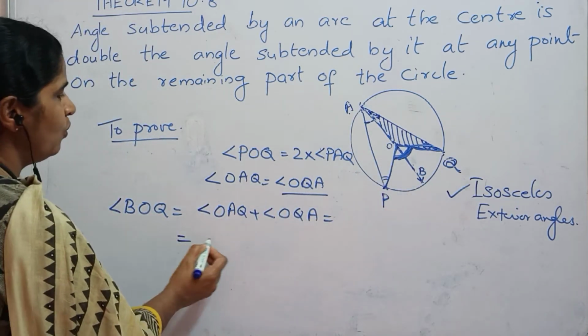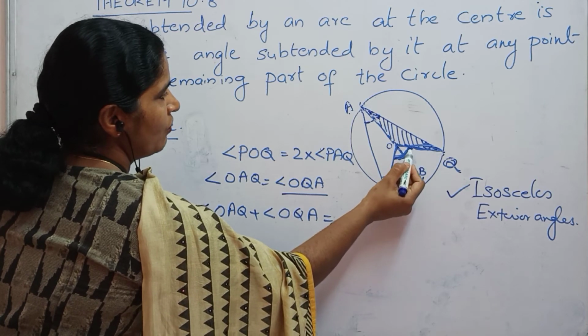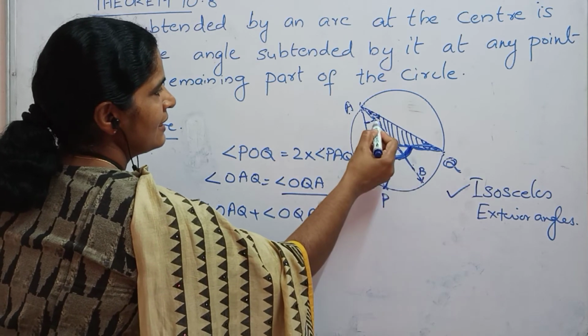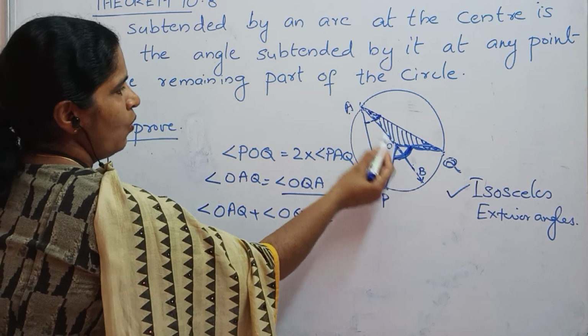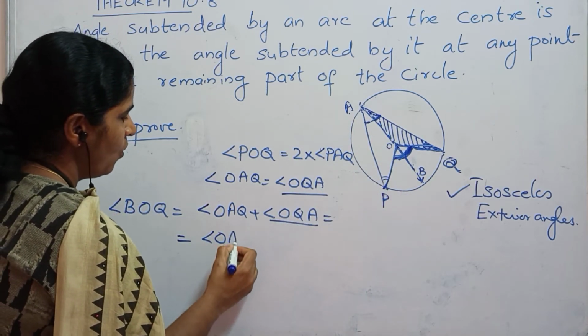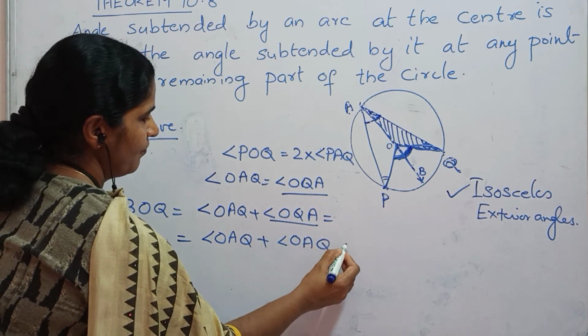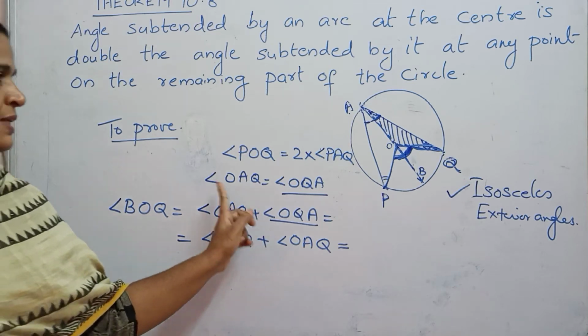And I don't want to connect this angle in the proof, so I am trying to make this angle and this angle connected. In the place of OQA, I am writing OAQ itself, because they are both the same.